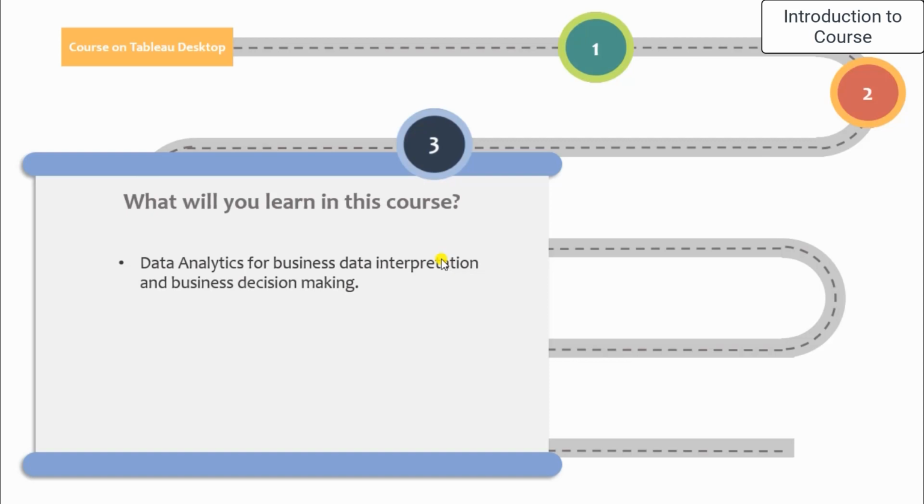And once you have the data visualization skill set, it becomes easier to understand and implement the necessary business decisions that you are going to make. So this course is important from the data analytics perspective as well.